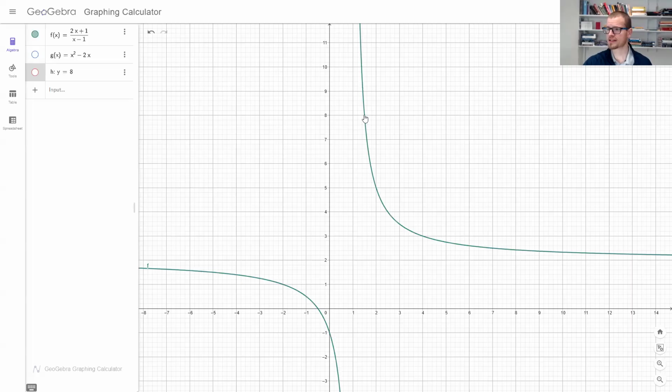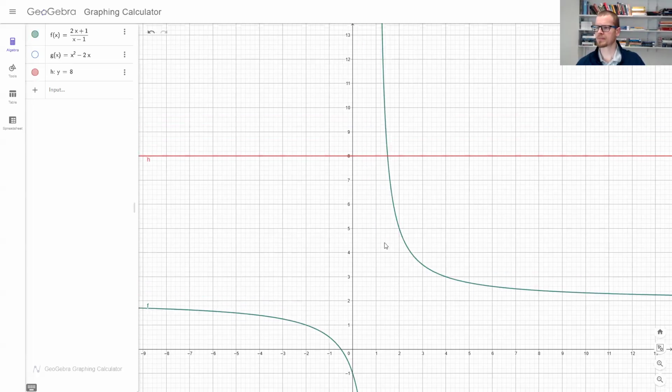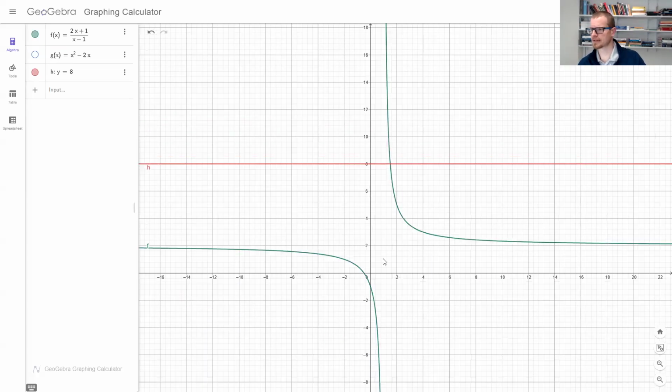So again, here I can see that the function is equal to 8. Oh, it doesn't tell me that intersection point now. That's a little bit strange. That's okay. But I can see that it is equal to 8 here at 1.6 something or something like that.